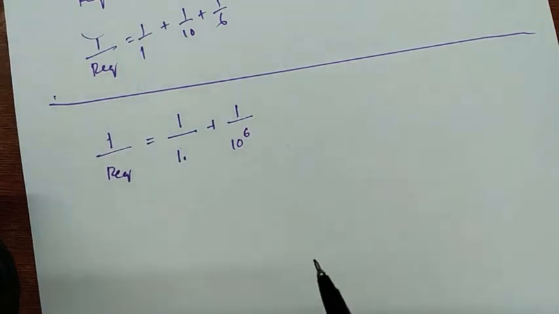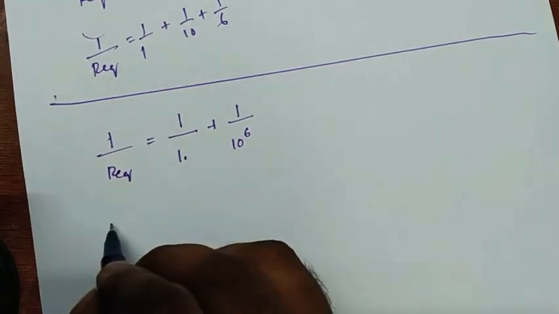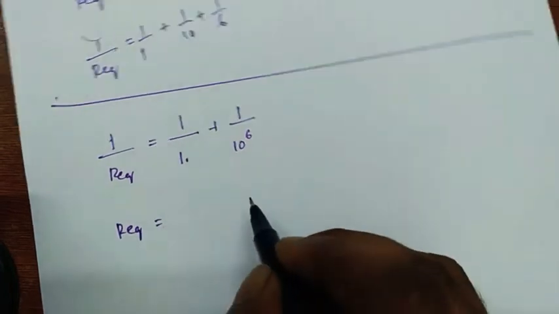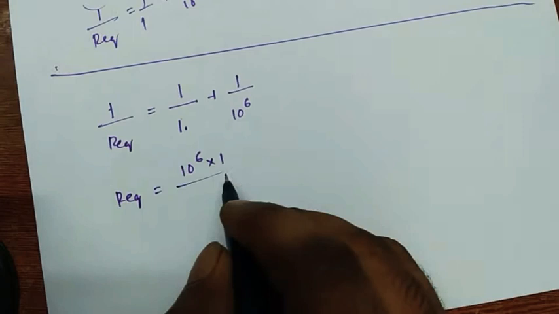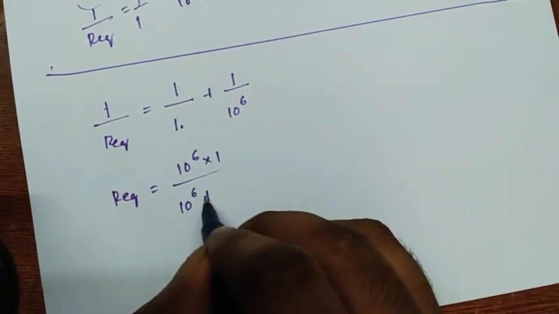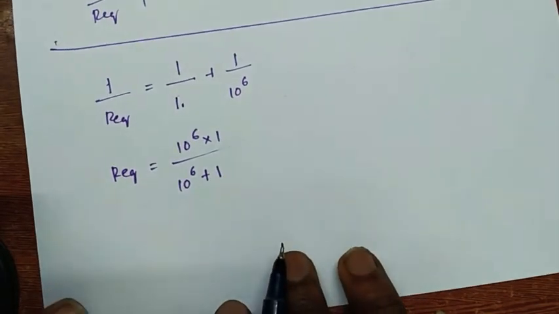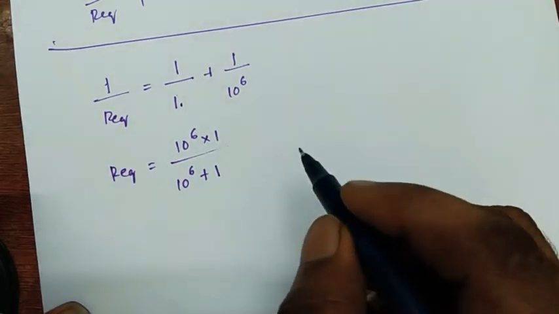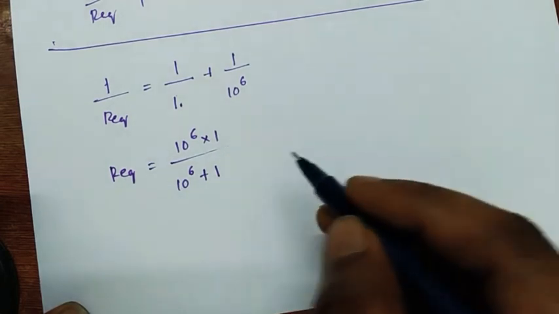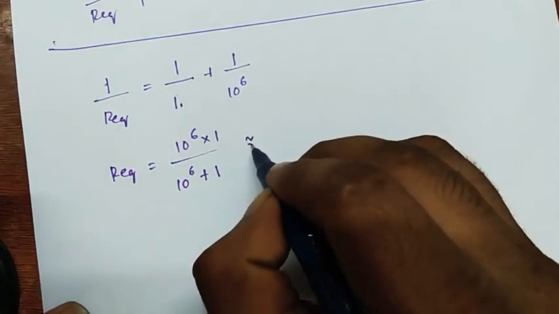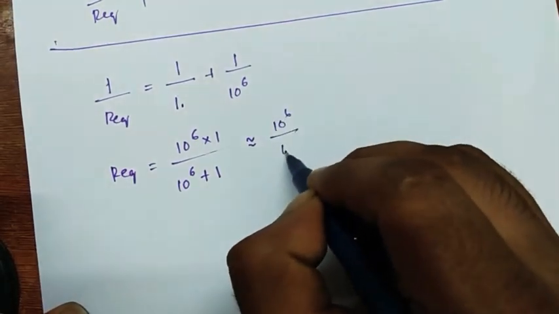So R equivalent is equal to 10 power 6 into 1 divided by 10 power 6 plus 1. If you see, 10 power 6 plus 1 is nothing but 10 power 6 only, right? So I write this as 10 power 6 divided by 10 power 6.